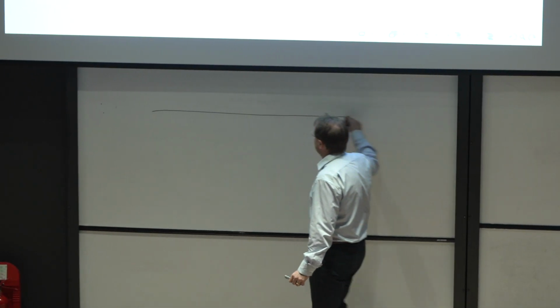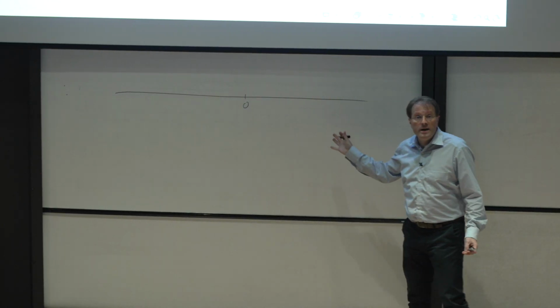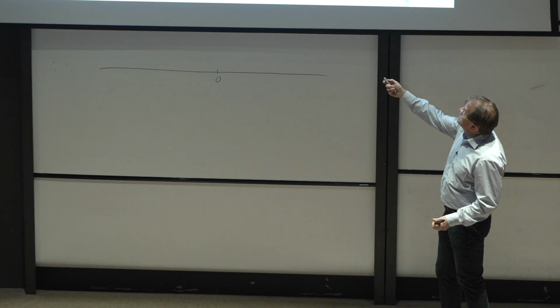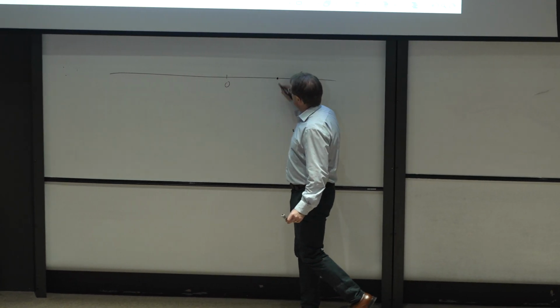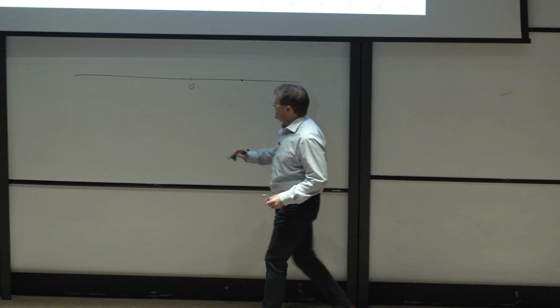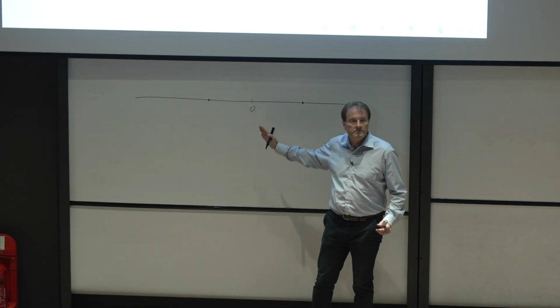You could do it by case-by-case analysis. But the way I think about this is just by looking at the number line. Here's 0, and x and y are just points on that number line. And when I replace x by the maximum of x and 0, what that does to points is that points to the right of 0 stay put, and points to the left of 0 all get sent to 0.